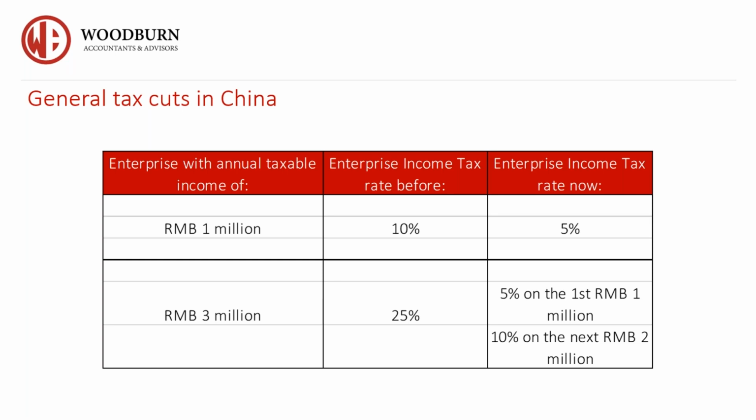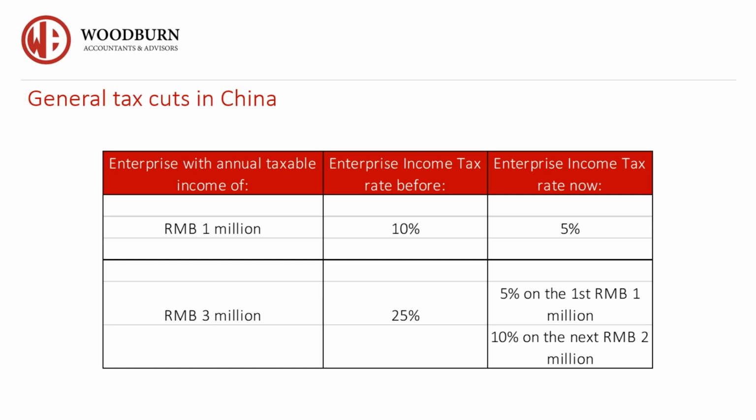And what this basically means is that companies registered in China, so limited liability companies registered in China with an annual taxable income of less than 1 million renminbi can enjoy a profits tax or enterprise income tax rate of 20%, but where only 25% of the income is taxed, with the remaining 75% being tax-free. So ultimately, you're looking at an effective rate of only 5% on the 1 million compared to 10% previously.